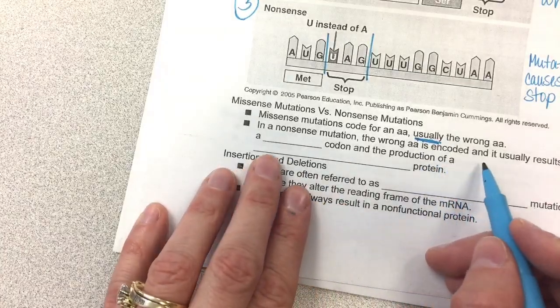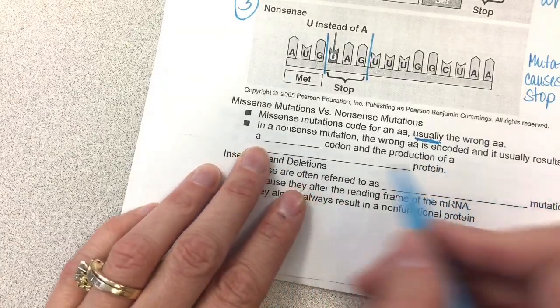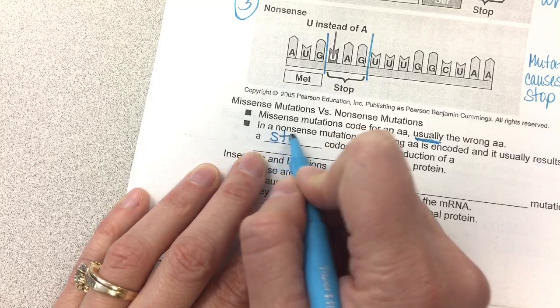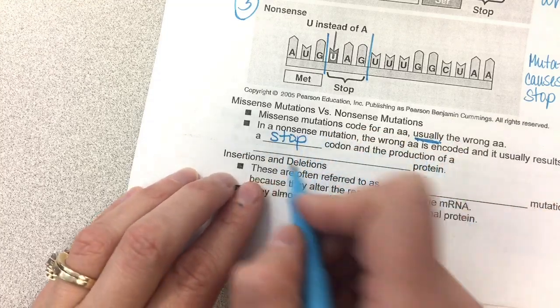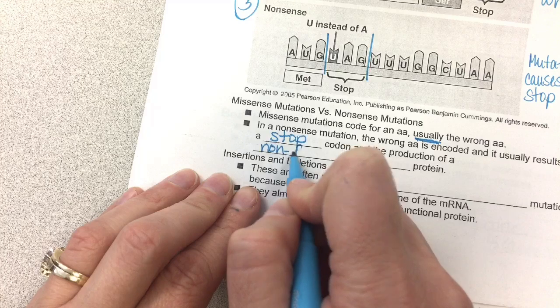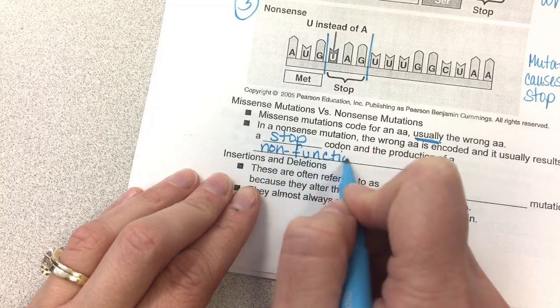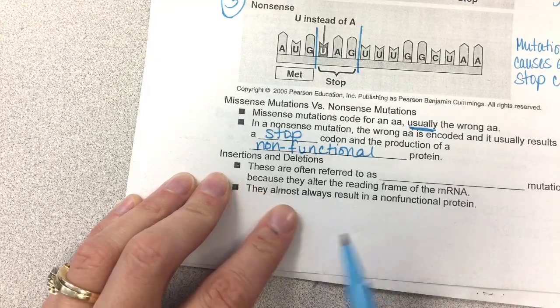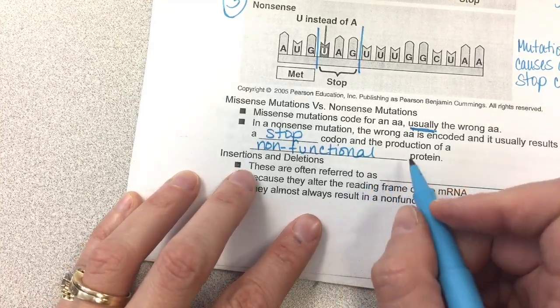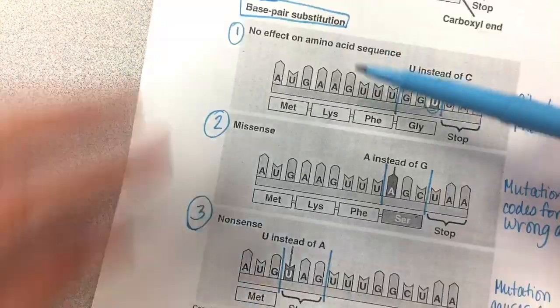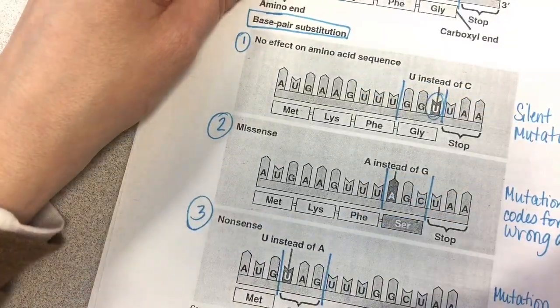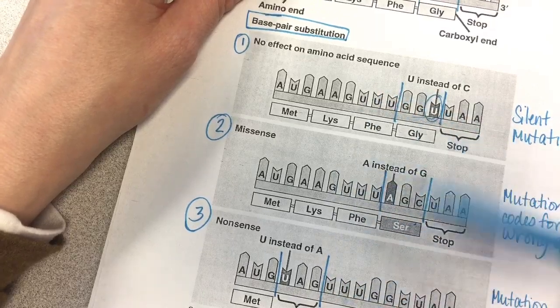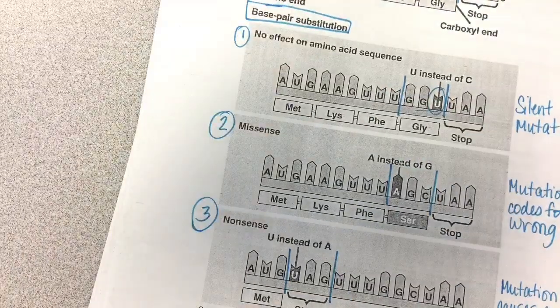In a nonsense mutation, the wrong amino acid is encoded, and it usually results in a stop codon and the production of a non-functional protein. So, because you're not going to have a fully built protein. We're not on insertions and deletions yet. So these are your 3 base pair substitution types of mutations and the things that they can cause to happen.